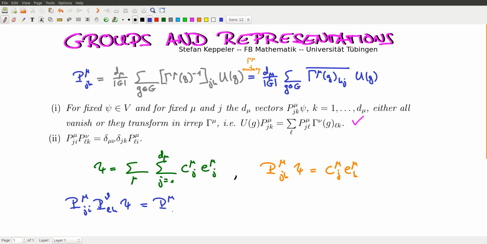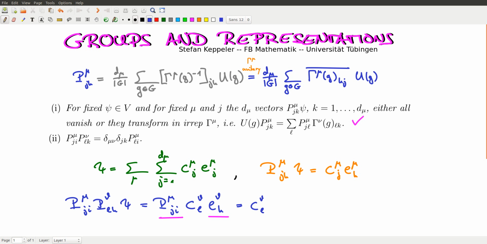Copy the p mu ji, and now the p nu lk, that picks c nu l, e nu k. Okay, but now the term in the middle is just a number, which we copy, c nu l, but what happens to the rest?